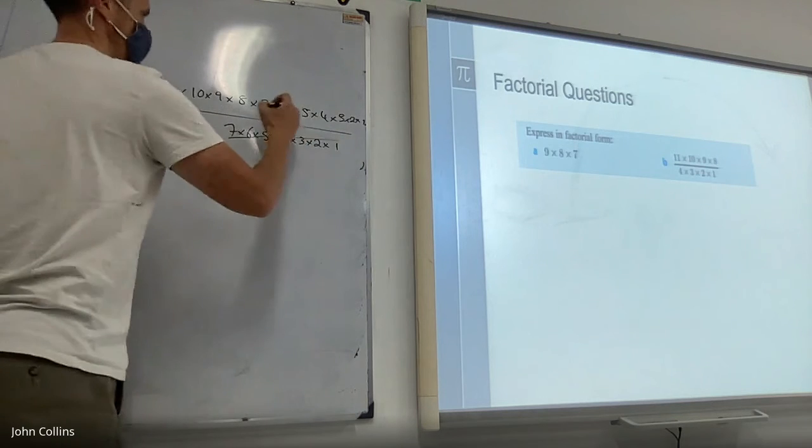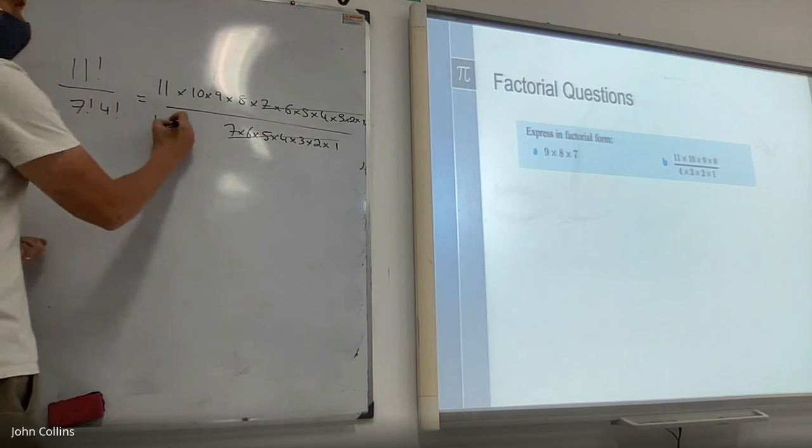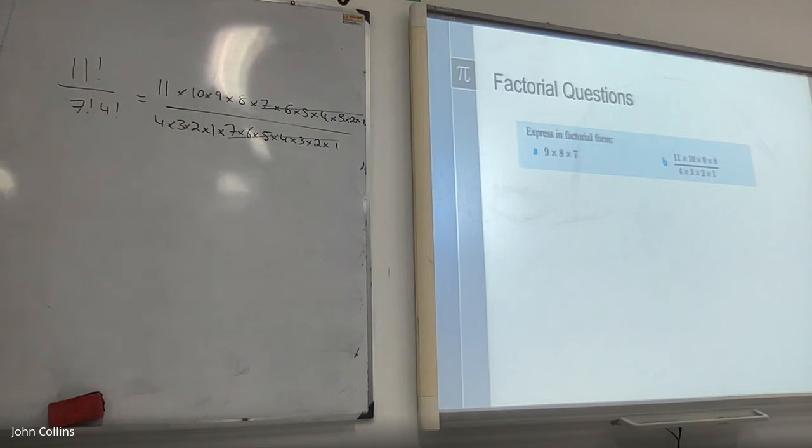Okay, that happens. What do we need back in the divisor? 4 factorial. So why don't we just multiply by 4 factorial as well? Oh my God. Of course! Okay, now we have it.